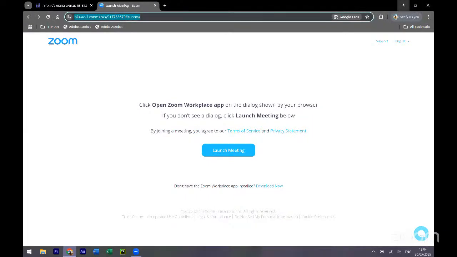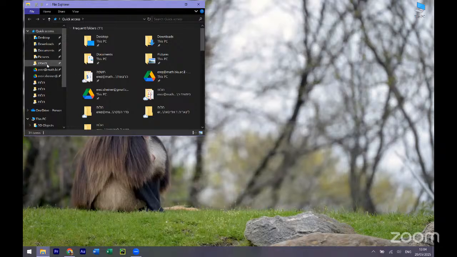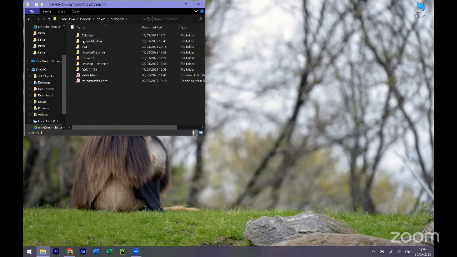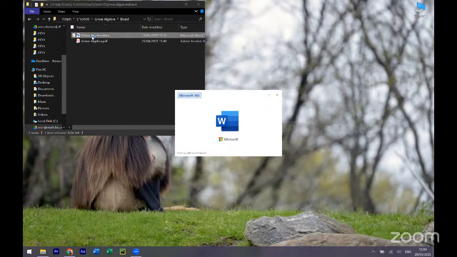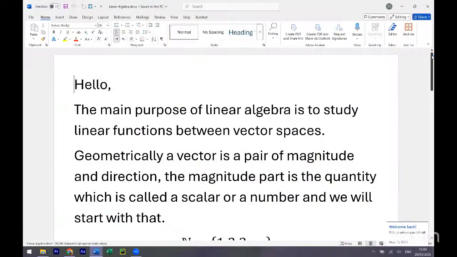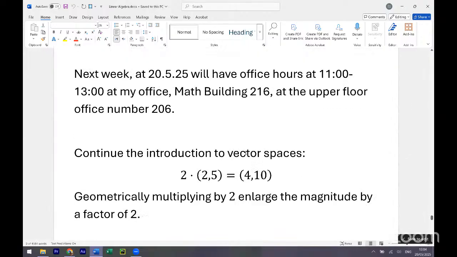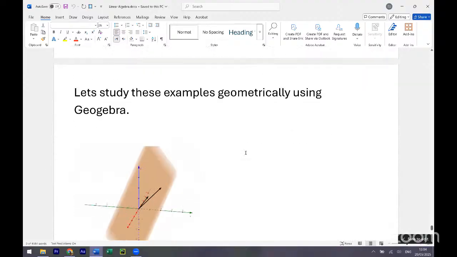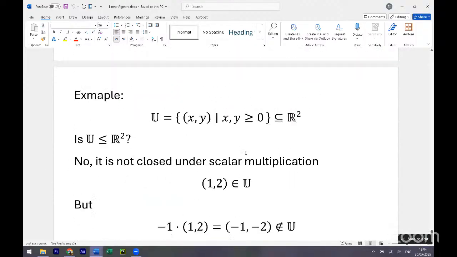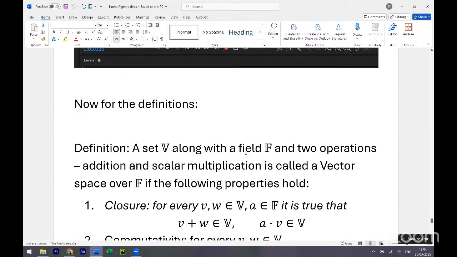Okay, so we're back at linear algebra again. We started vector spaces. We started speaking about linear subspaces. Which lecture are we at?